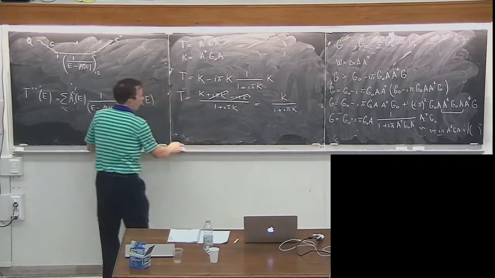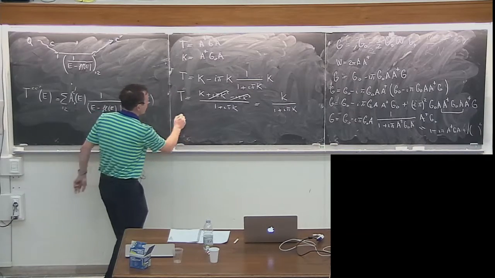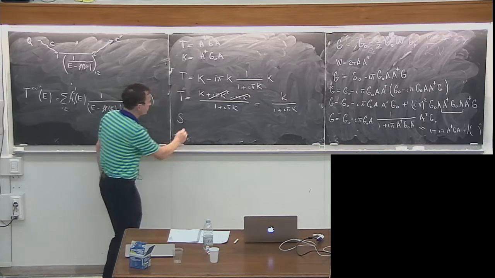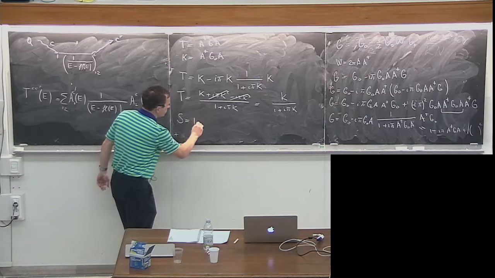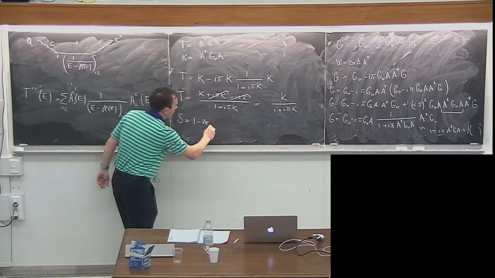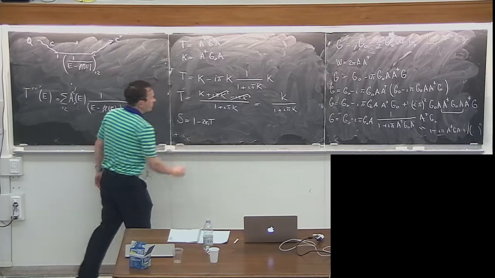Okay, and then finally we recall that, for example, our S matrix from the first lecture was a unit matrix, which was a delta function, minus 2 pi I times T matrix.